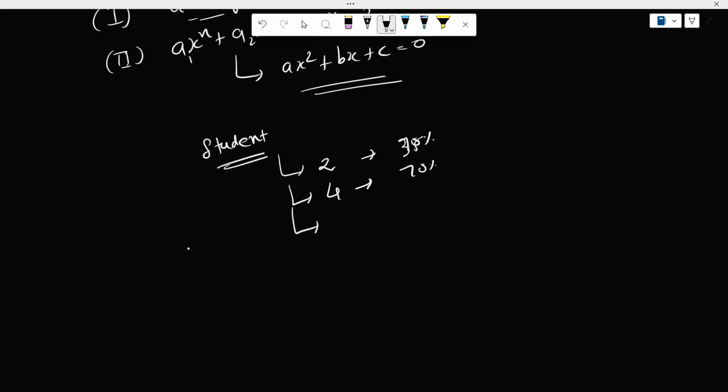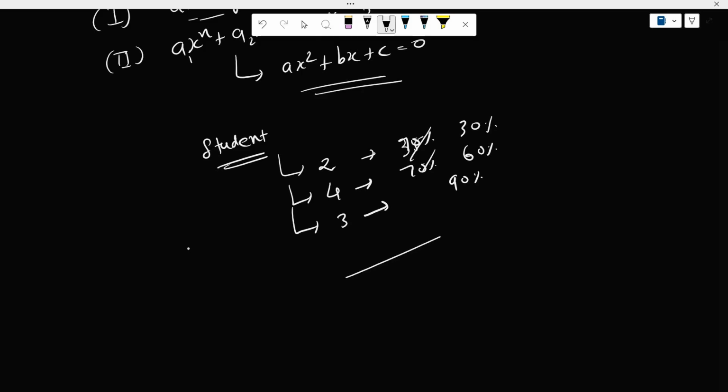And then if you see 3, let us make it 30 so that I can show you clearly. 30%, then if he studies 4 hours, he gets 60%, and if he studies 3 hours, he gets 90% marks, right? So if you draw a plot, a curve, then in that case you will be able to get a straight line.